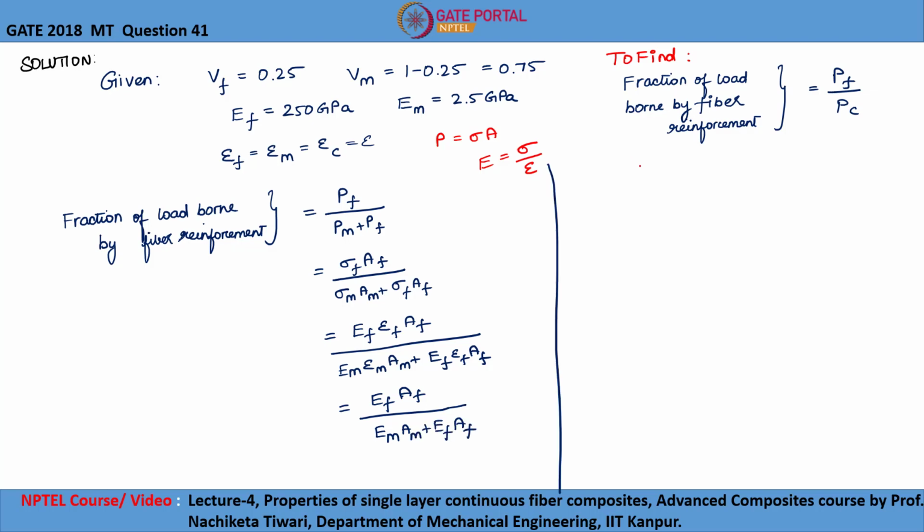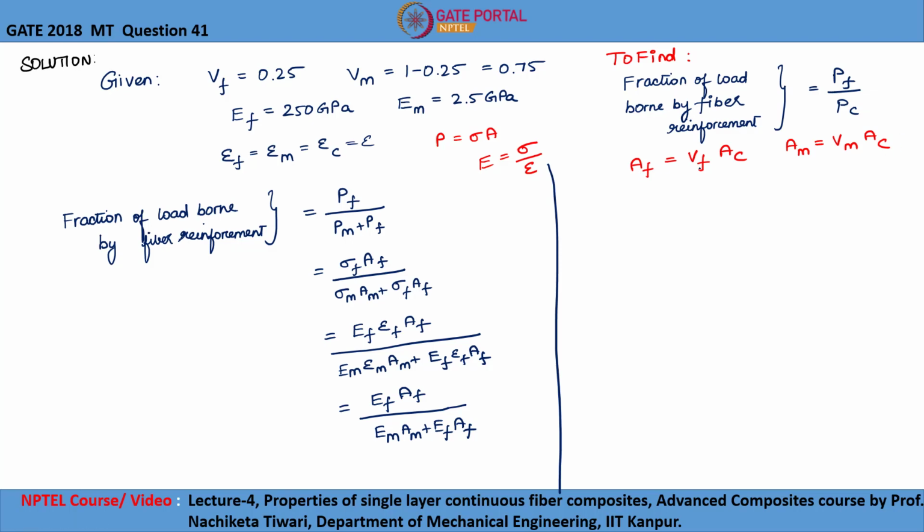As we know that the area of the fiber will be equal to the volume fraction of the fiber multiplied by the area of the composite. Similarly, the area of the matrix will be equal to the volume fraction of the matrix multiplied by the total area, that is the area of the composite.